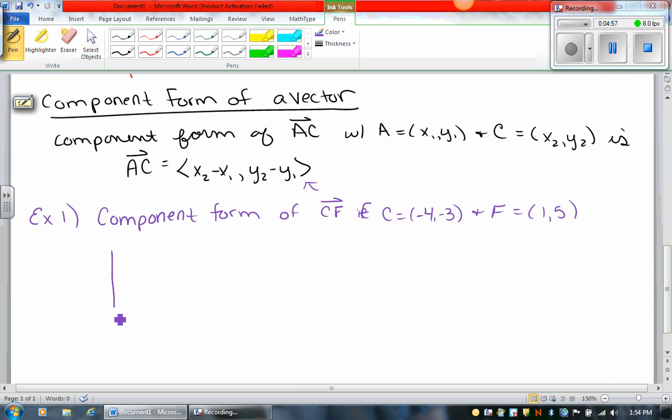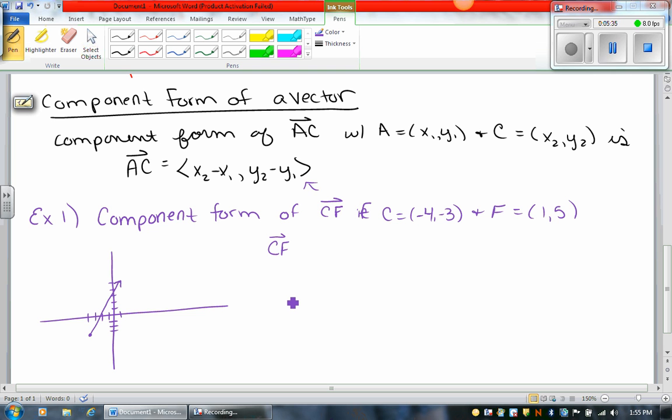Graphically what this would look like is if we have C at -4, -3, and F is 1, 5. Okay, so here's what my vector actually looks like. So what we're going to do now is take this and put it into component form.